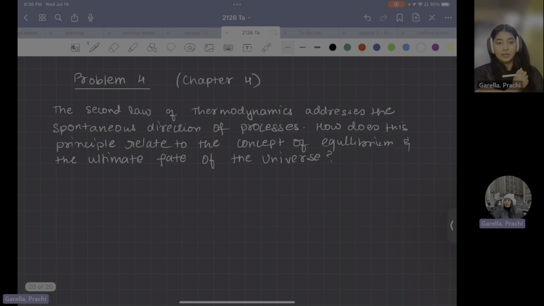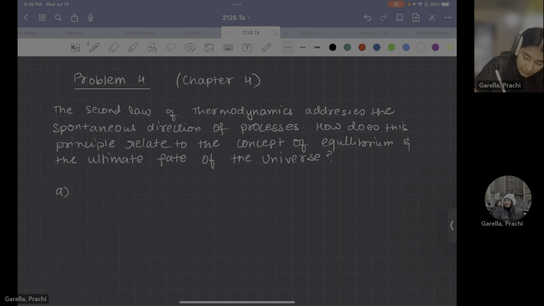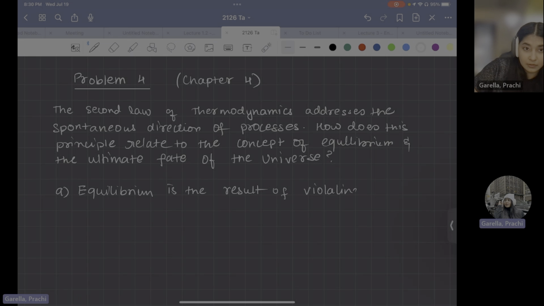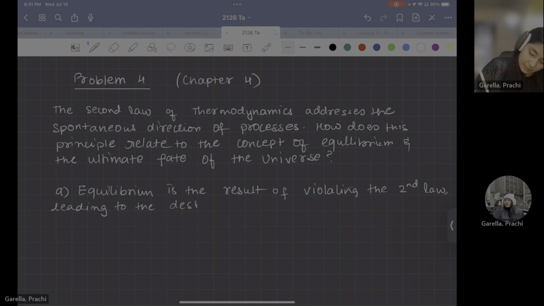Okay, so again, we have a few parts. The first part is equilibrium is the result of violating the second law, leading to the destruction of the universe.